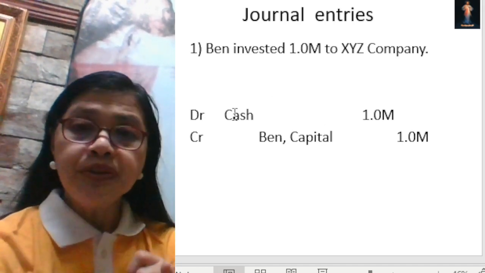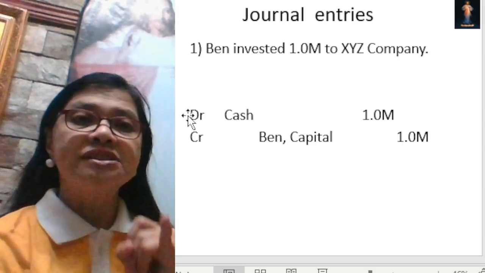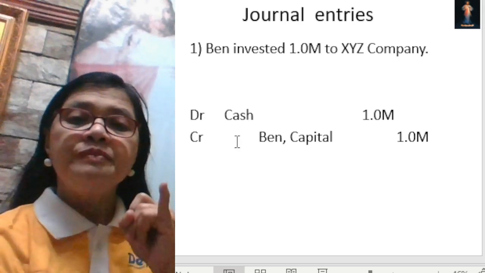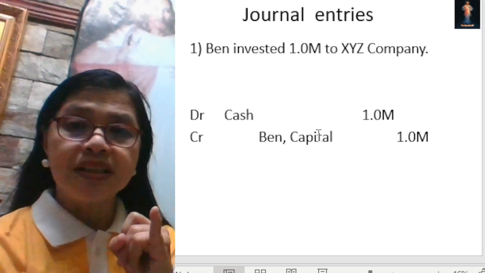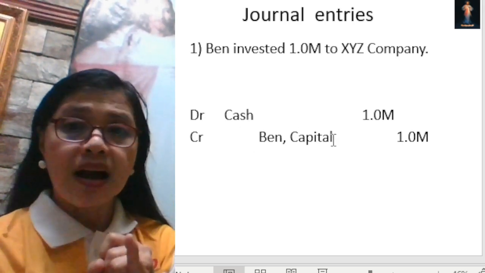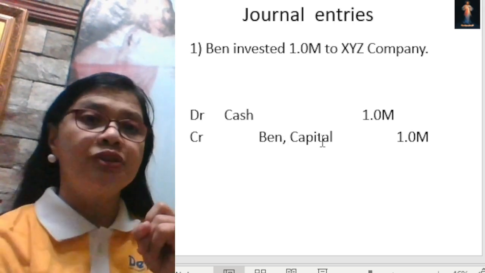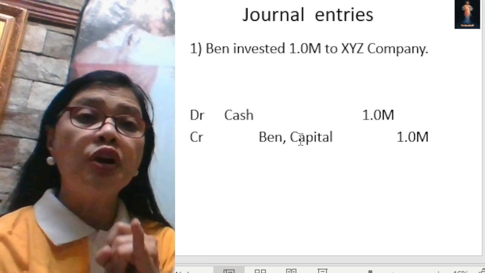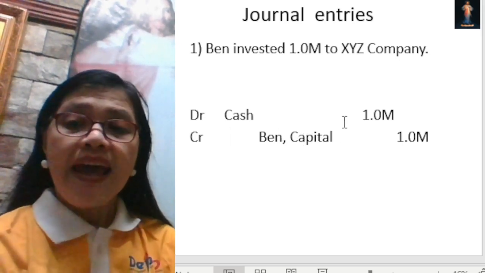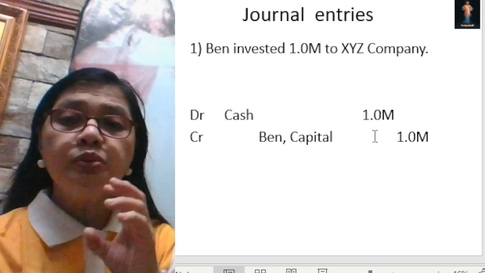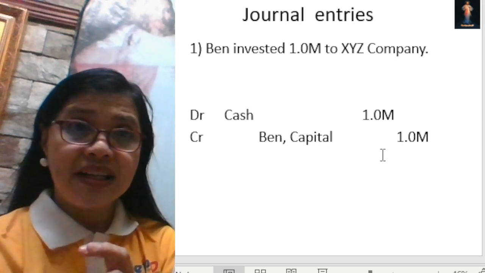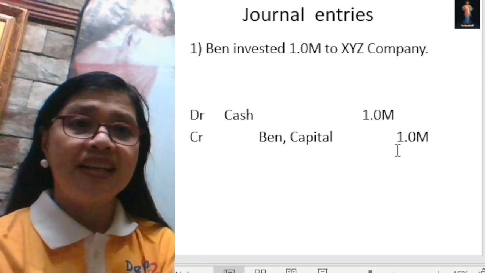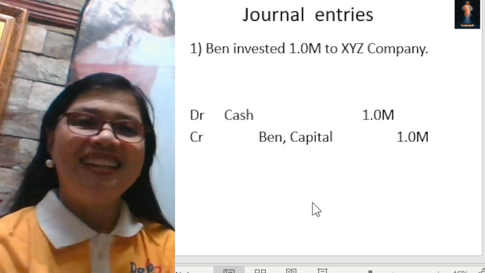So you debit cash because cash is an asset with a normal debit balance, and we credit capital, Ben, capital or Ben equity, that is also correct. We credit it because capital has a normal credit balance. And your debit is always equal to your credit. So 1 million in your debit, 1 million in your credit. You get it?